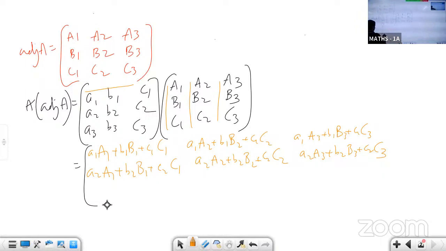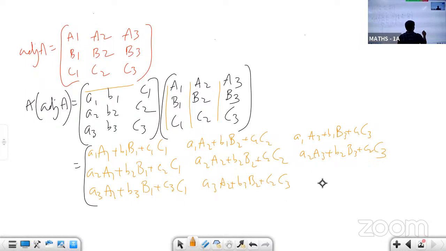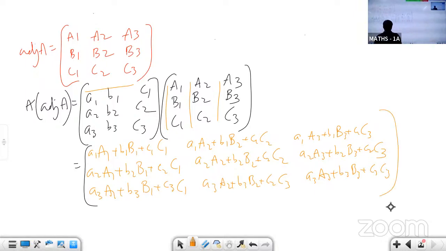Next, third row: a3 A1 plus b3 B1 plus c3 C1. Next, a3 A2 plus b3 B2 plus c3 C2. Next, a3 A3 plus b3 B3 plus c3 C3. This is your matrix multiplication.